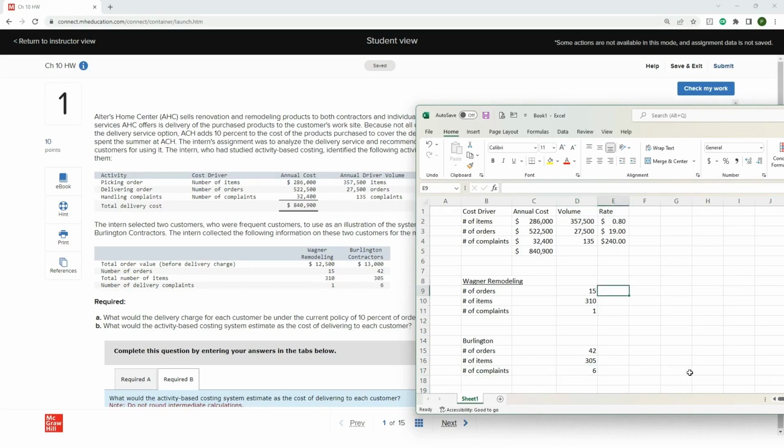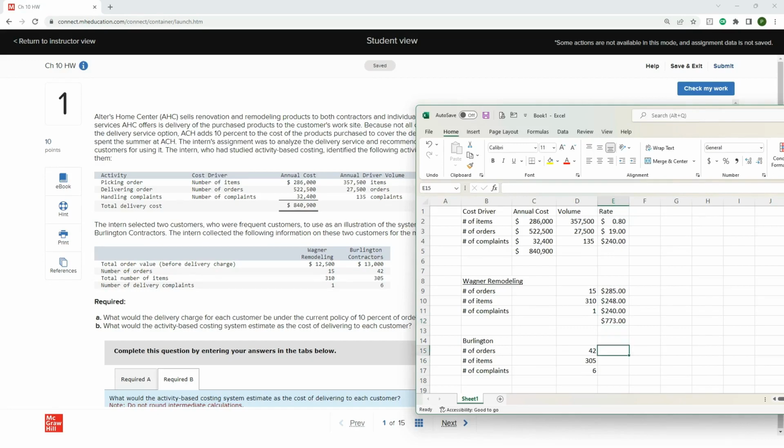So to figure out their cost, I'm going to take the number of orders for Wagner, 15, multiply that by the rate for orders, which is 19, and I get $285. I do the same for number of items, which would be 310 times 80 cents, and then for number of complaints, and then I total it up, and I get $773 for Wagner Remodeling.